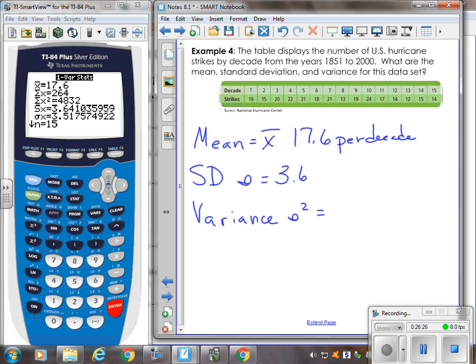So I wouldn't do just 3.6 because that's not accurate enough. You might want to pick a bunch of these digits and keep them. That's why we left it up here for you to see. I would use at least 4 or 5 of them and square it, because that will give you a little bit more accuracy than just doing 3.6. And that will be our variance.